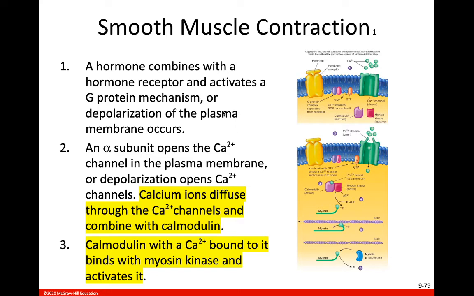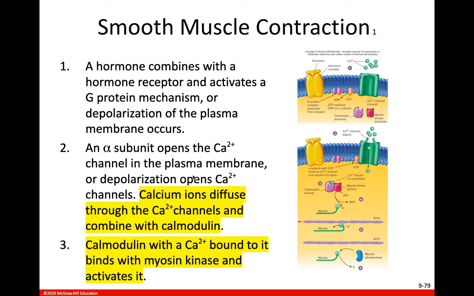Whereas if we have a neurotransmitter binding to a channel protein on the smooth muscle cell membrane, the sarcolemma, then that's going to open up sodium channels and allow sodium in, which is going to deliver an action potential. It's going to cause depolarization of the plasma membrane.